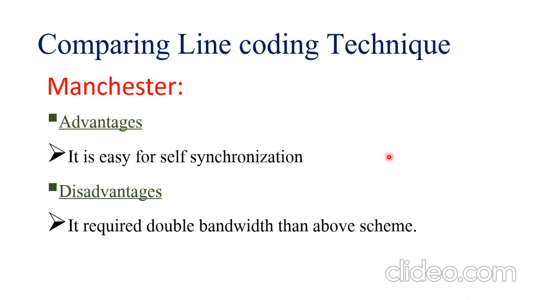That is what about Manchester pulse. So it is having self-synchronization property that I will explain later. But before that, let us see what will be the power spectral density of all schemes.